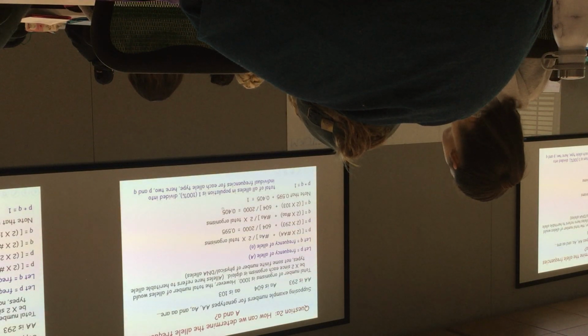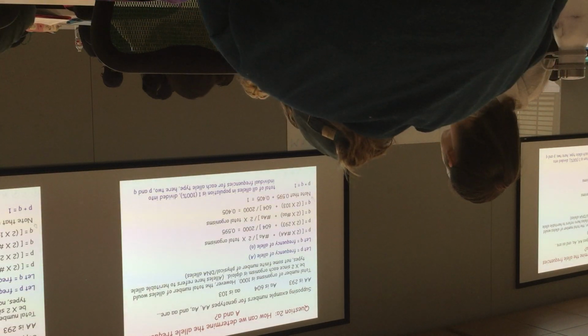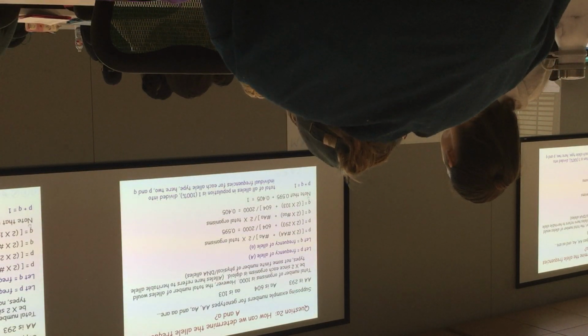You take the number of homozygous recessives times 2, since they both have small a, plus the number of heterozygotes, each of which has 1 small a, add them together, divide by the total number of alleles, which is 2,000, and you get a value of 0.405. So in this case, we have determined the allele frequency of big A, P, at 0.595 and the allele frequency of small a, Q, at 0.405.